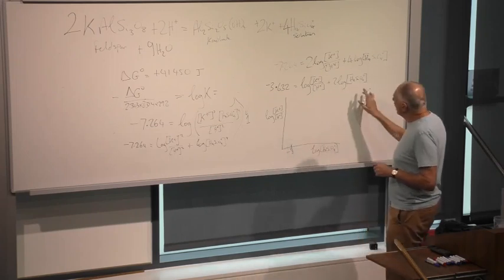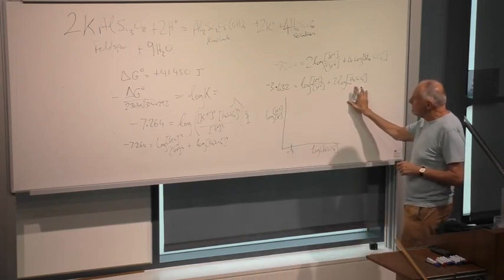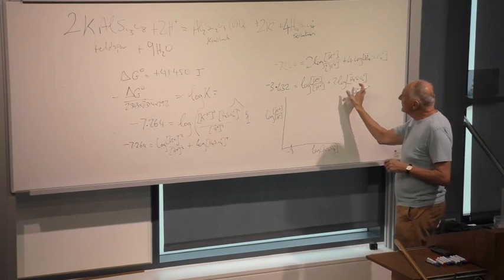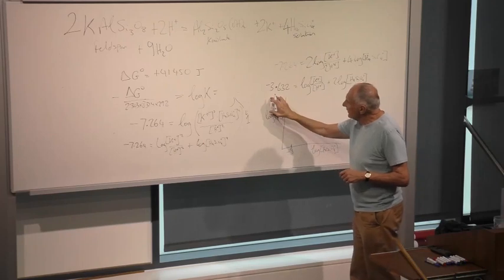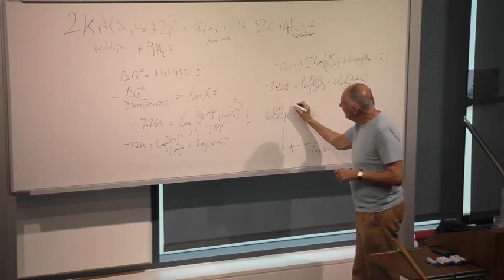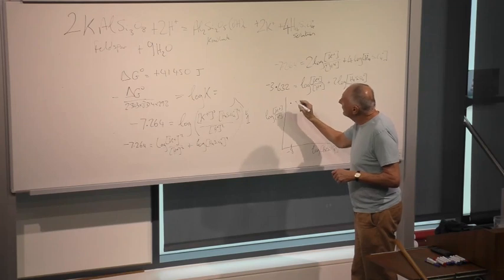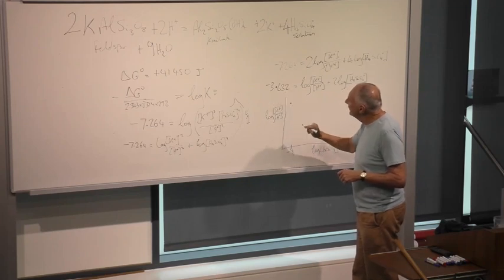If we put in minus 8 here, we've got minus 16, put it on the other side, plus 16, it's 12.368.